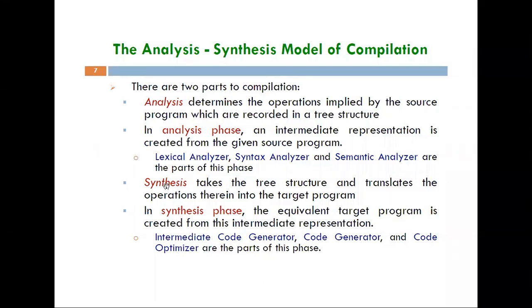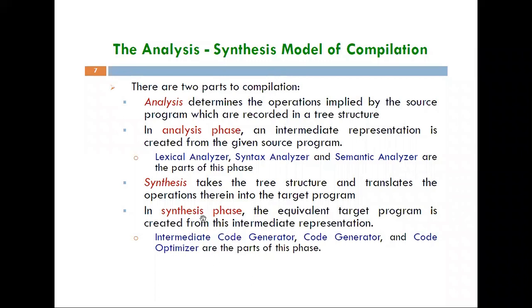Whereas synthesis, what is synthesis? It takes the tree structure, the intermediate representation from the above phase, and translates the operations therein into the target program. That is the role of synthesis. In the synthesis phase, the equivalent target program is created from this intermediate representation.